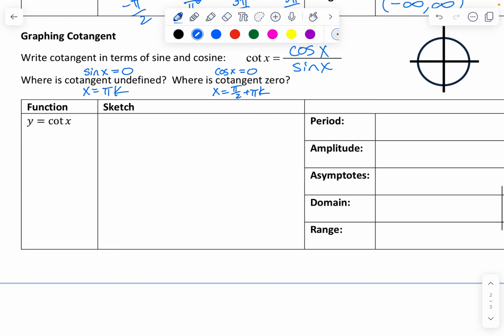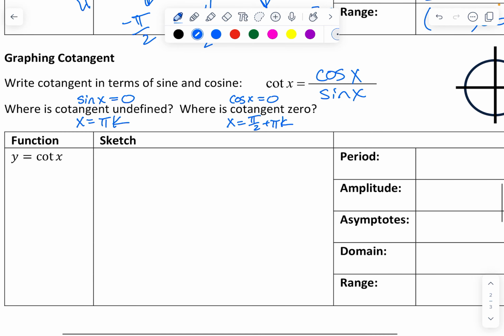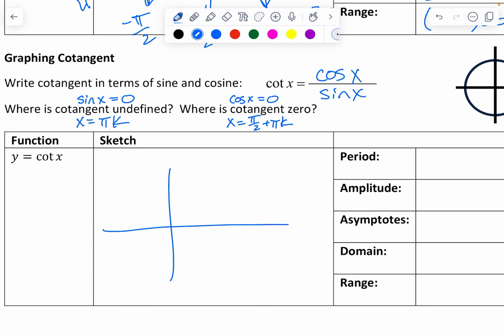Okay, so when we graph this, just like we did with tangent, we're going to plug in 0 and then 1 and then 2 into both of these equations. When I plug in 0, I get an asymptote at 0. Then I plug in 0 to this one, and I get a 0 at pi over 2. Plug in 1 right here, and I get an asymptote at pi.